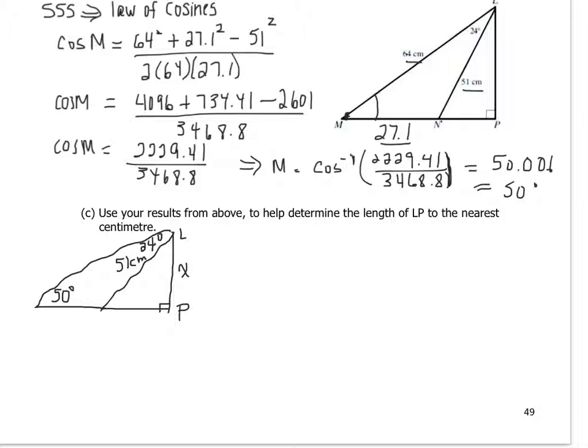So if we're trying to move to this right triangle LNP, and this is M over here, we can figure this angle out first. This angle would be 180 minus the 50 minus the 24, because all three angles of triangle LMN should add up to 180. So 180 minus 50 minus 24 gives you 106.